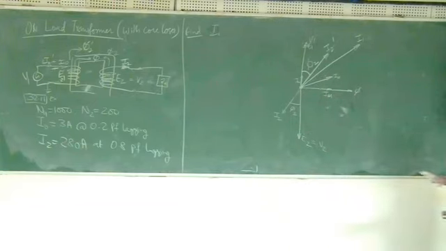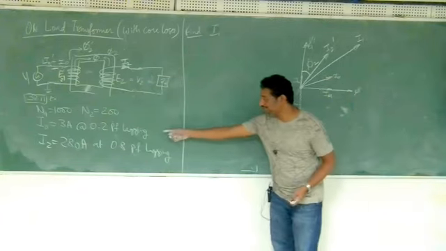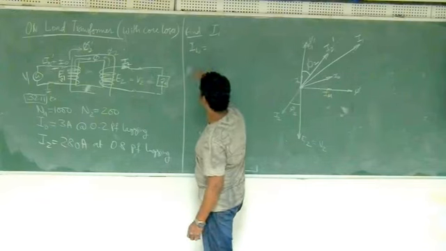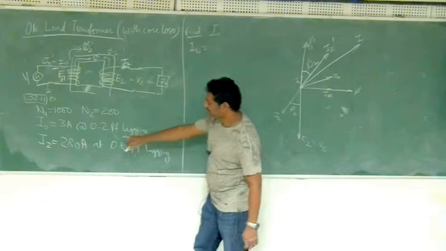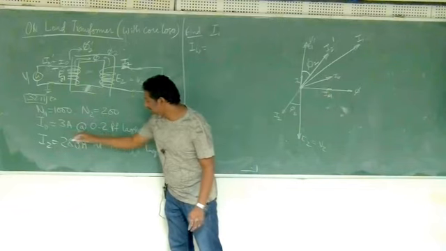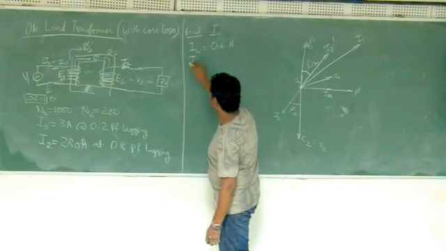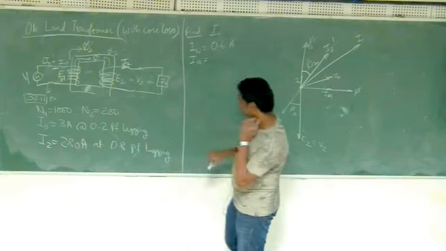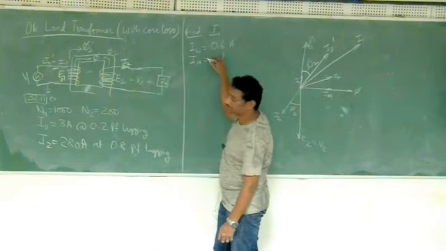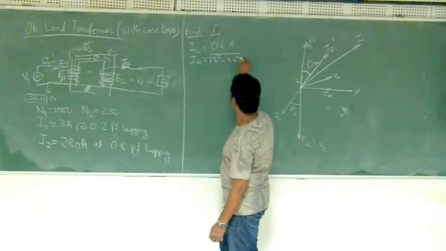So this is the only data given to you. First let's handle this current. Very easy. What is IW? It is 3 into 0.2, cos power factor is already given. So 3 into 0.2 is 0.6. What is I mu? 3 square minus 0.6 square under root.